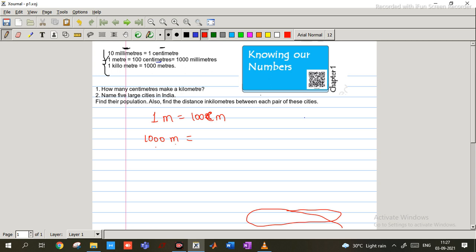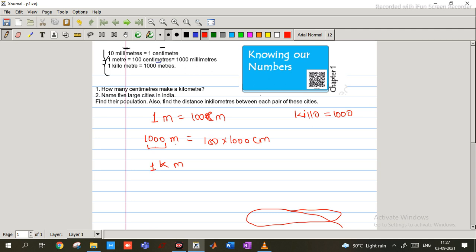If I am multiplying here by 1000, I'll have to multiply here also, because the left hand side has to be equal to the right hand side, isn't it? So I can write this 1000 as K. Kilo will always be equal to 1000.